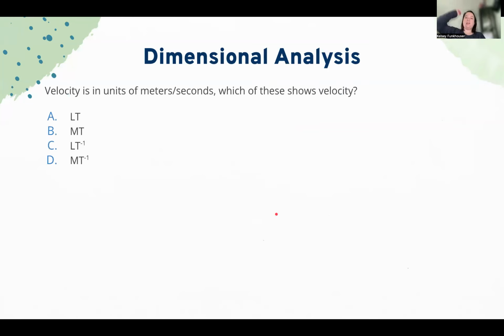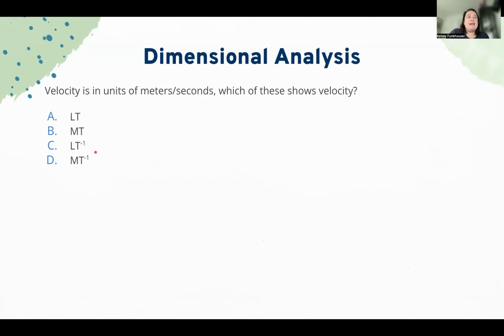Let's do a quick self-check here. Feel free to pause the video and answer this question. I'll read it first and give you a second if you decide to pause. So velocity is in units of meters divided by seconds. Which of these shows velocity? Is it A, L times T? Is it B, M times T?